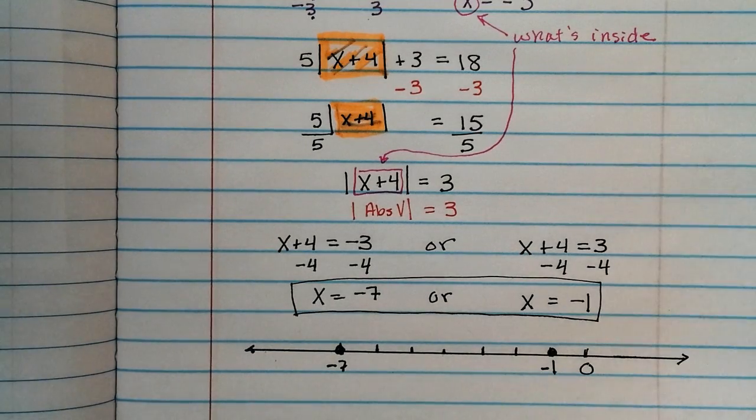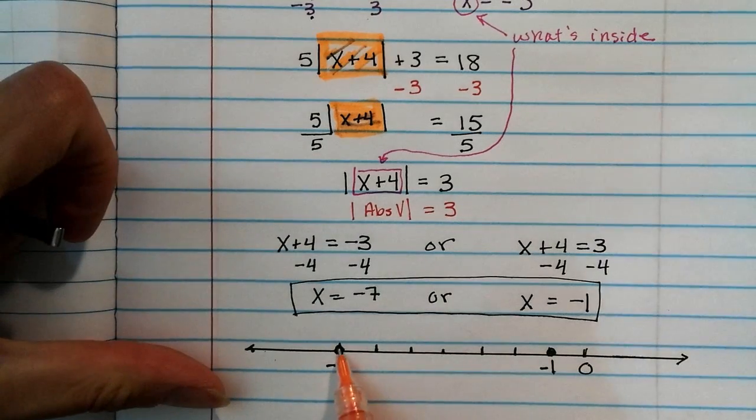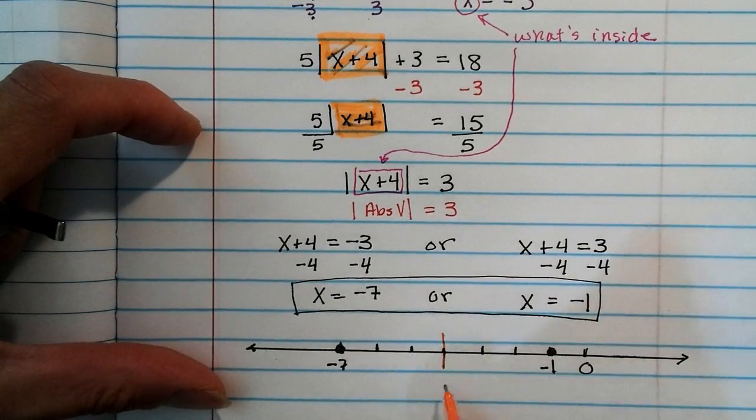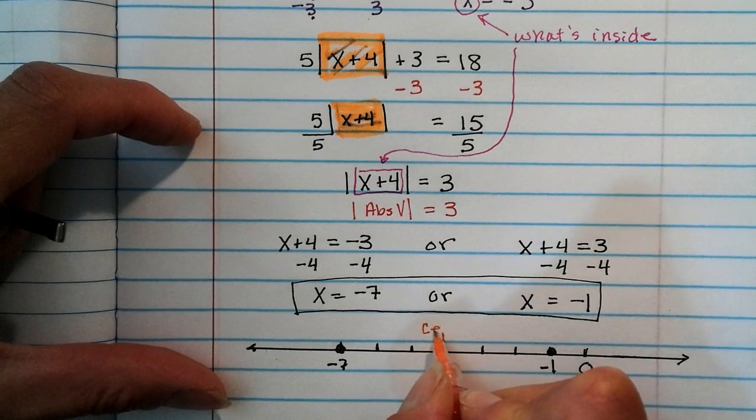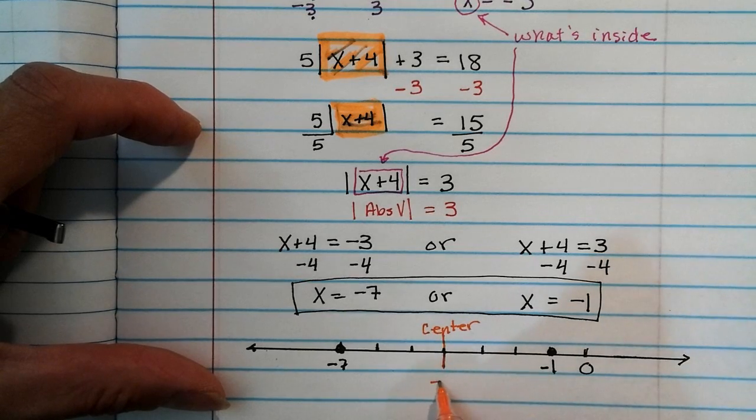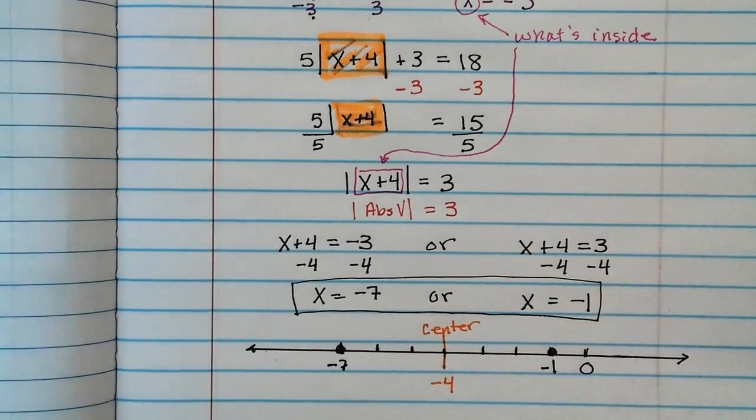So I'm going to go back 3 here just to show you what the center is. So if I go 1, 2, 3, this here is the center, isn't it? And here's 1, 2, 3. So what is this? This is negative 4. So the center is at negative 4.